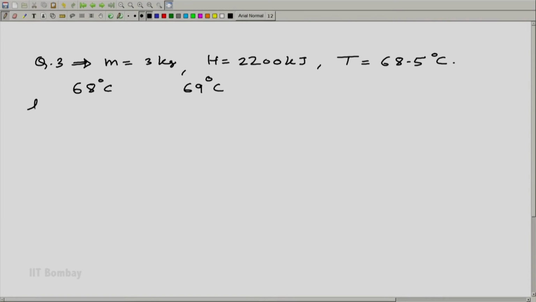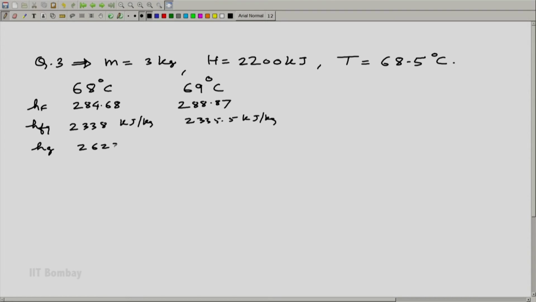So if I write those values, HF is equal to 284.68 here and 288.87 here, then HFG is equal to 2338 kilojoule per kg here and 2335.5 kilojoule per kg here, and Hg is equal to 2622.7 kilojoule per kg at this point and 2624.4 kilojoule per kg here.